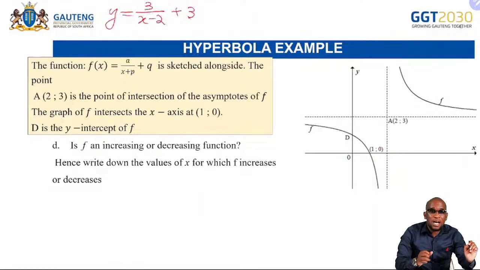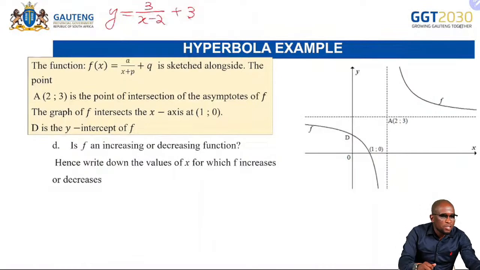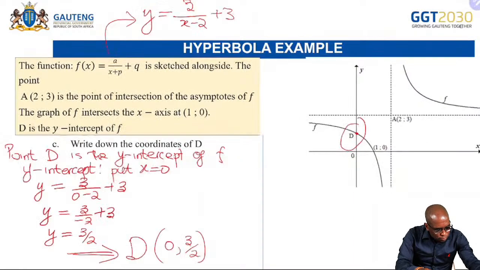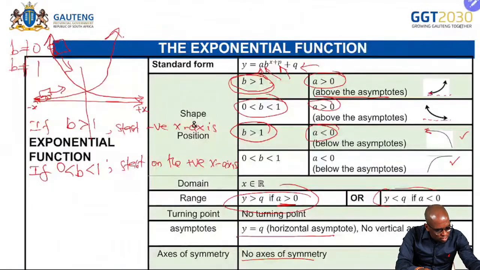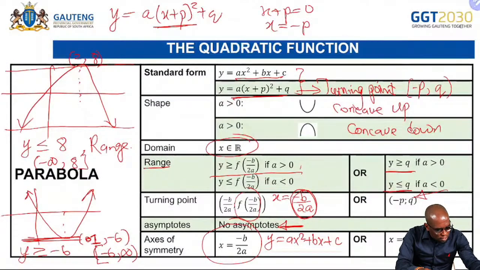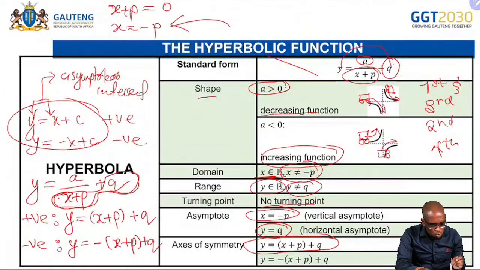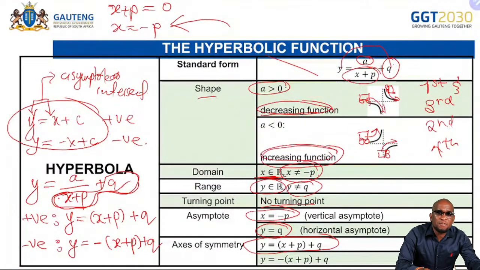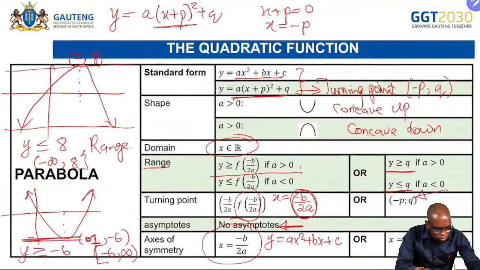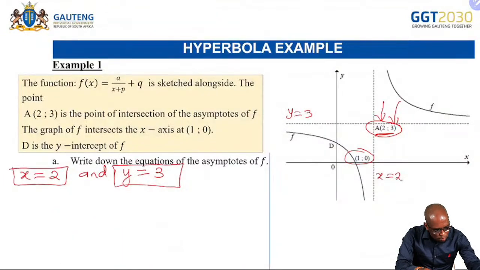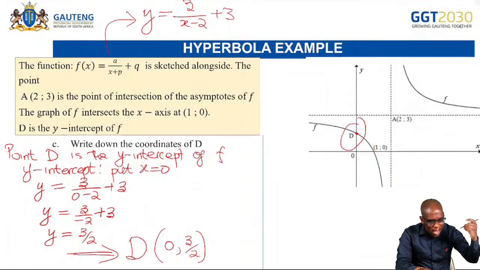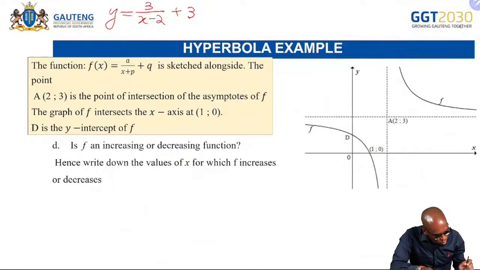You would recall when I was doing the summary of the hyperbolic function, we talked about decreasing and increasing functions. So we are going back to that concept now as we answer questions.